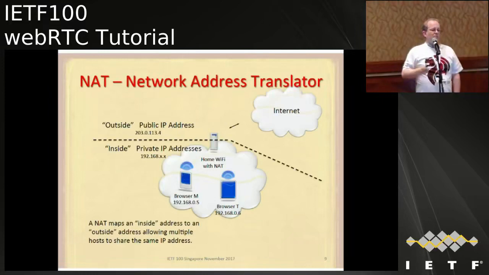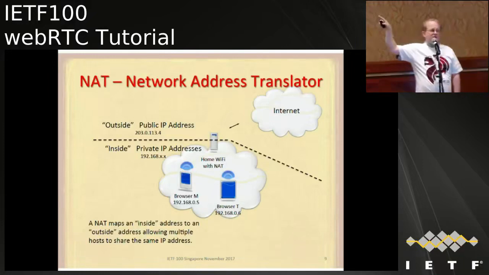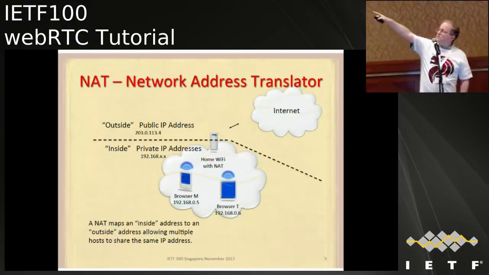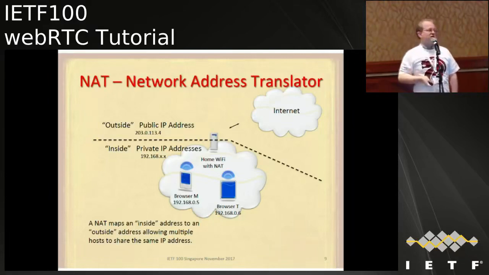So I'm showing here the home case, and with the mobile browser, we've got two devices here with different IP addresses, but those are their private internal IP addresses. As far as anyone else on the internet is concerned, their IP address is the one you see at the top there, 203.0.113.4, and not the 192.168 addresses.